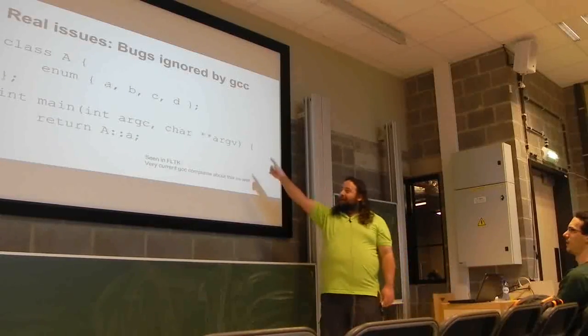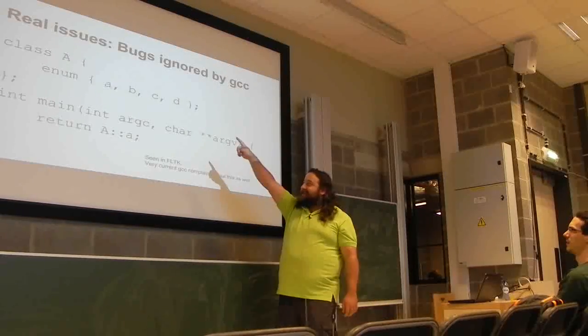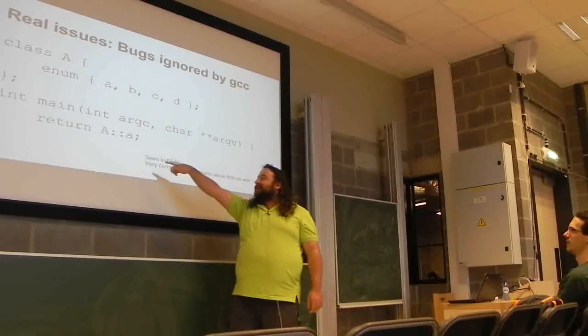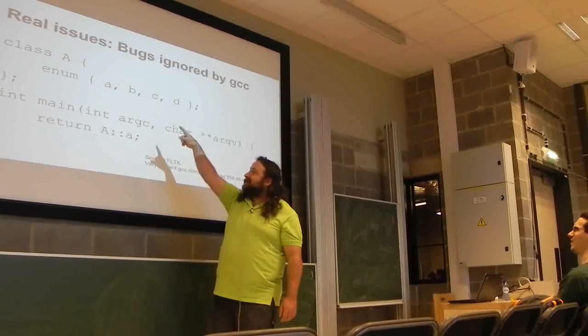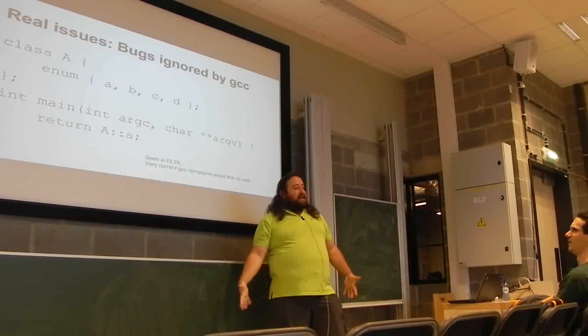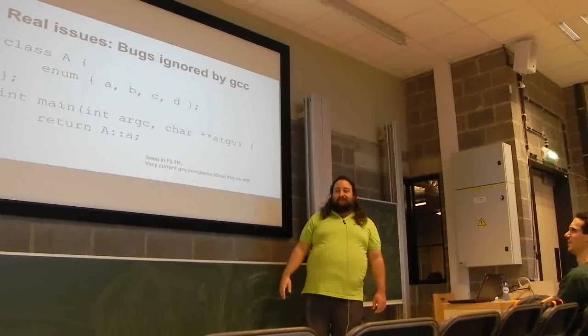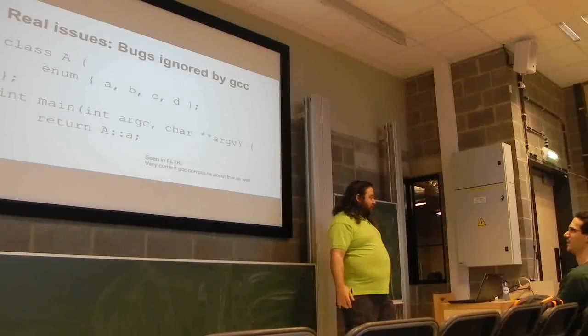This might not look so bad at first glance, but the problem is in a class everything is private by default. Therefore, trying to access this A member from main, which is not part of class A, produces an access violation in clang. GCC used to take this, but recent snapshots of GCC 5 have also started to complain about it.